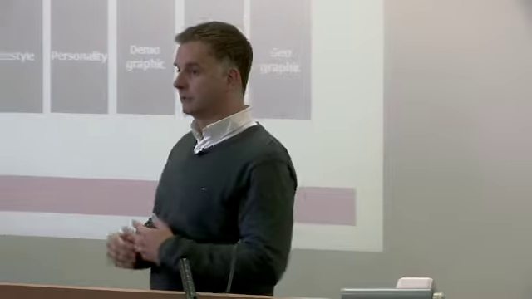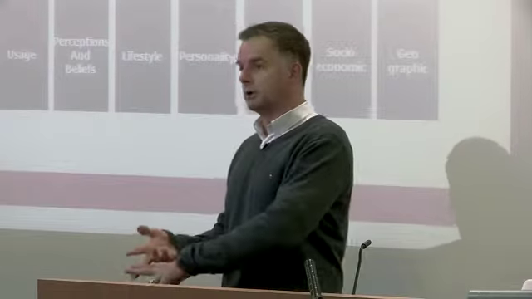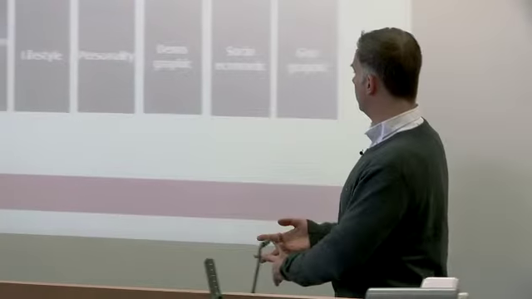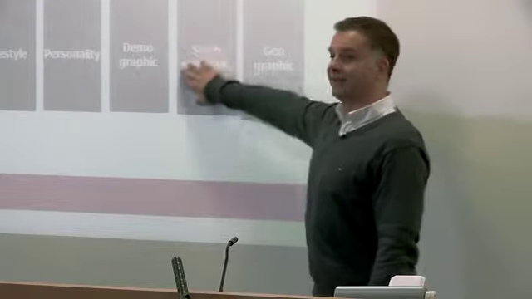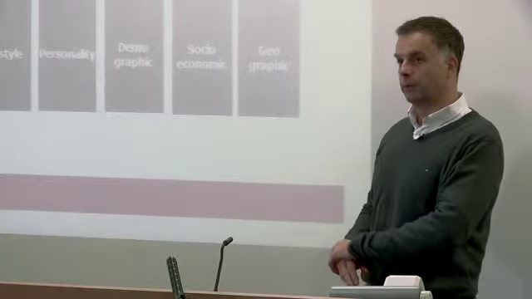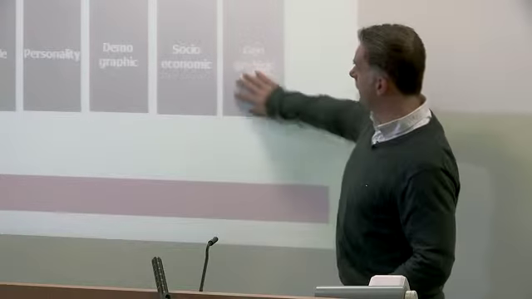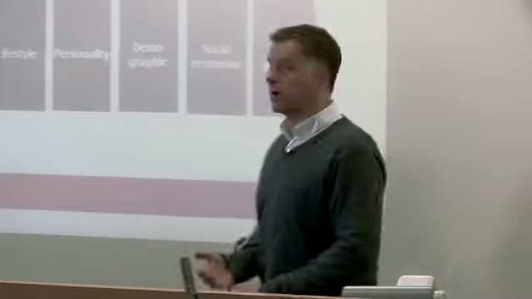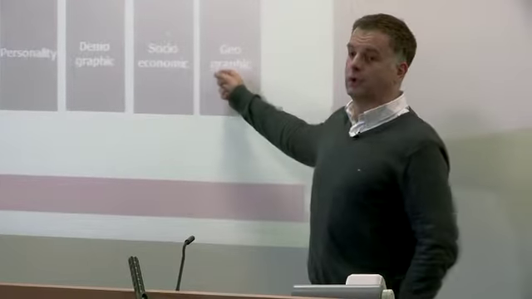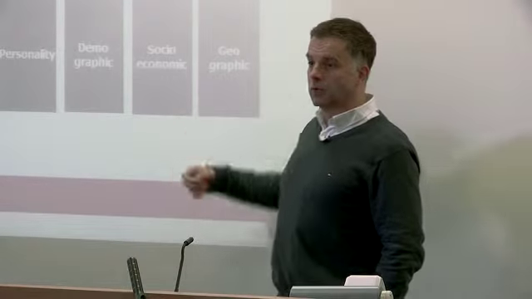In essence, that's looking at lower class, middle class, upper class. So we are, again, stereotyping by saying we're aiming at middle class people for our products, or lower class people. And then geographics: where are they? If you're online, you've got to account for the fact that you could be international rather than just local.